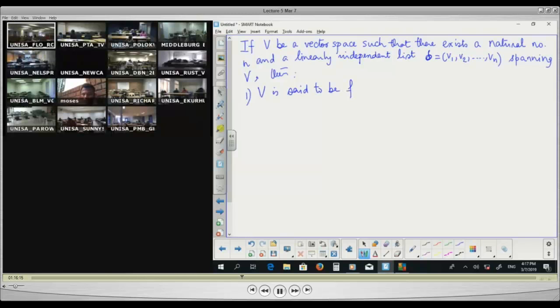Number two, the unique number n, so this uniqueness comes from T2, right? Is said to be the dimension.